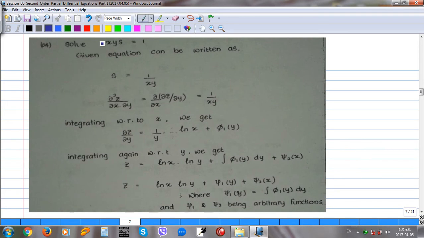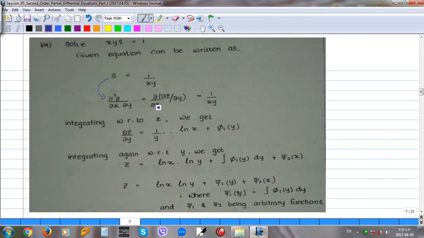Another example, solve ∂²z over ∂x∂y equals 1 over xy. So here the s is there, so s equals 1 over xy. Then you know that according to the definition, s can be written as ∂²z over ∂x∂y. This you can write as ∂ over ∂x times ∂z over ∂y, right?